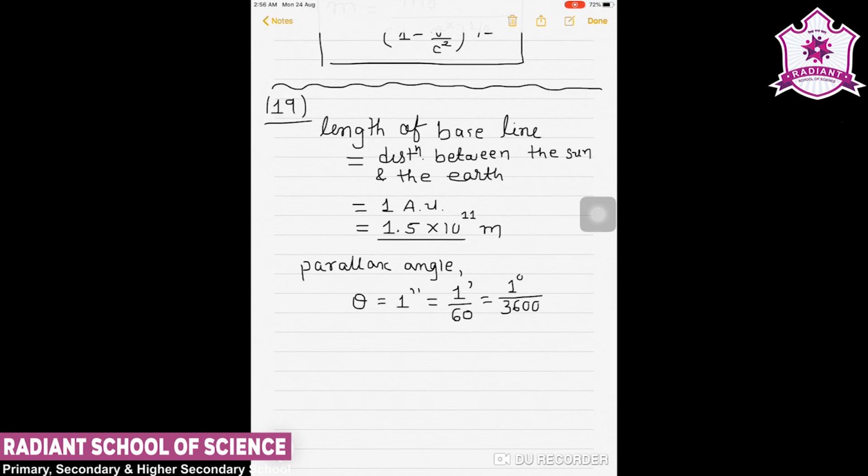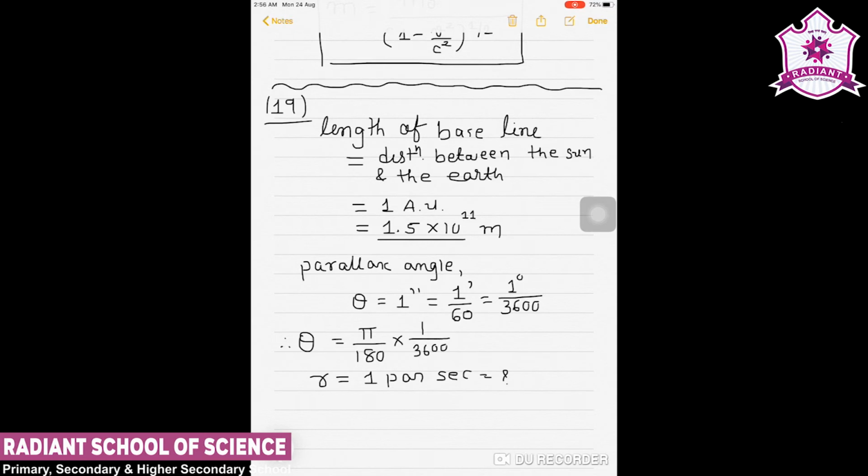In the earlier lecture we have determined it, and it can be written that theta is equal to, degree can be converted into radian as pi over 180 into 1 upon 3600. Now when we solve this, what should be that distance? We have to find out that distance r, which is 1 parsec.